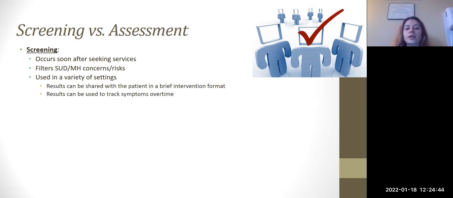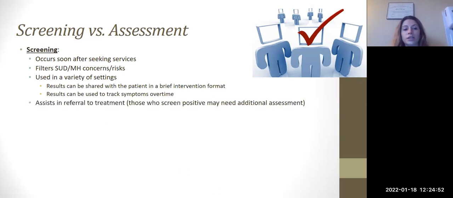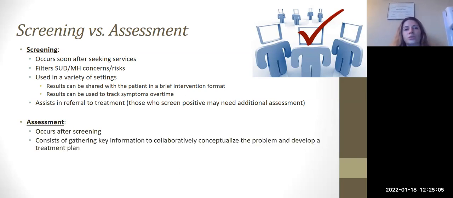It can be used in a variety of settings. It can be done on paper and pencil, or an MA could do it with them, or a clinician could ask those questions, however you want to do it. The nice thing about screeners is they're really brief and usually easy to apply in a number of different settings. Once somebody is positive on a screen, that leads to an assessment.